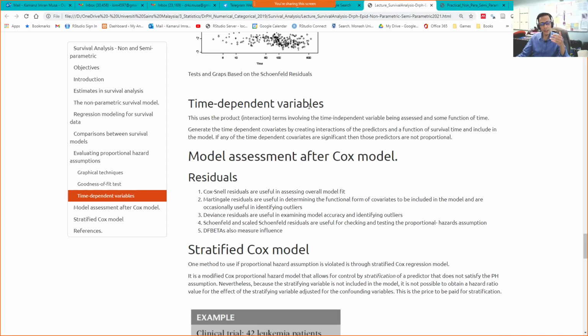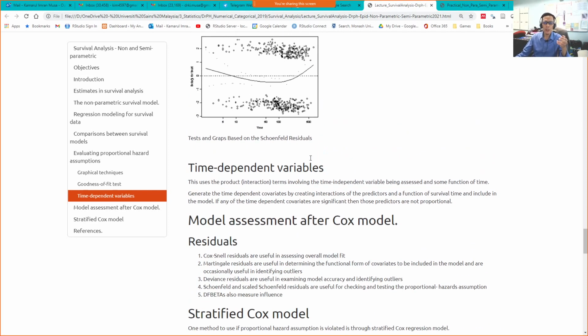This is by adding the interaction term inside the model, and looking at whether the time-dependent covariates are significant or not. If they are significant, then it suggests there is a problem with PH assumptions.